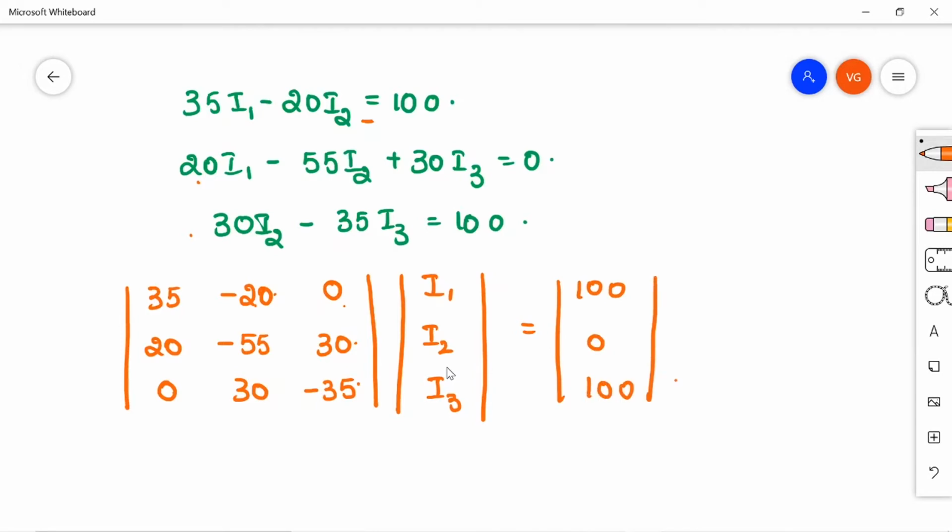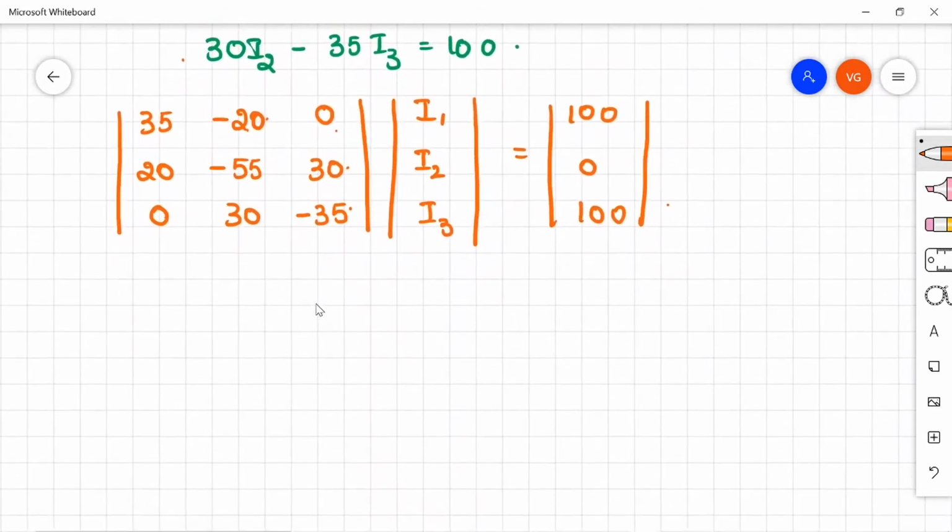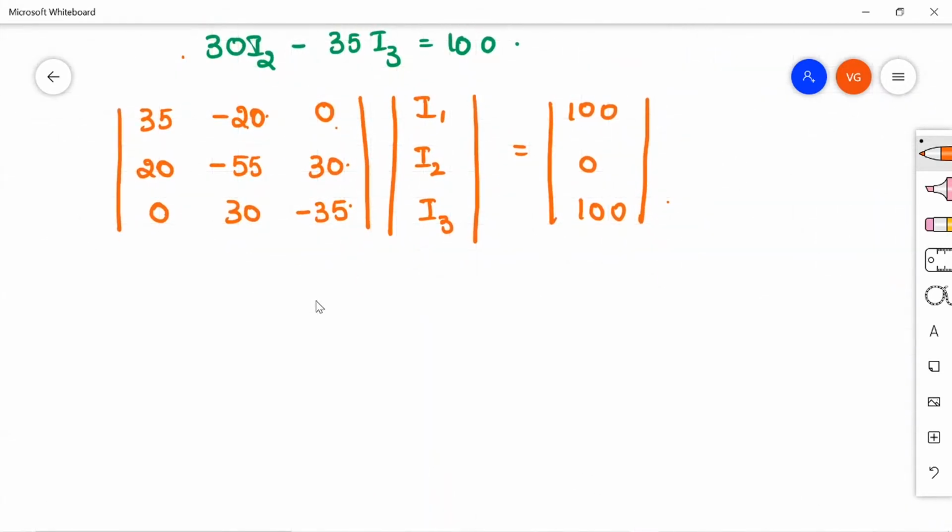So first try to find out the determinant of the matrix. So I am finding out the determinant, that is equal to, so you take plus minus plus, so 35 into minus 55 into minus 35 minus 30 into 30, right?